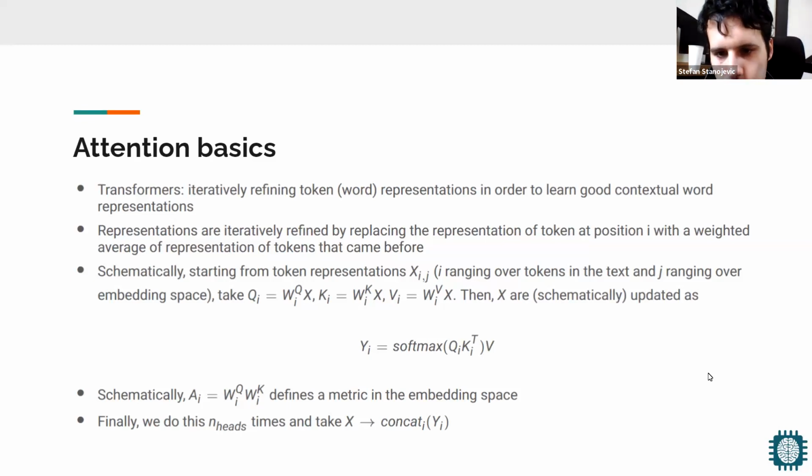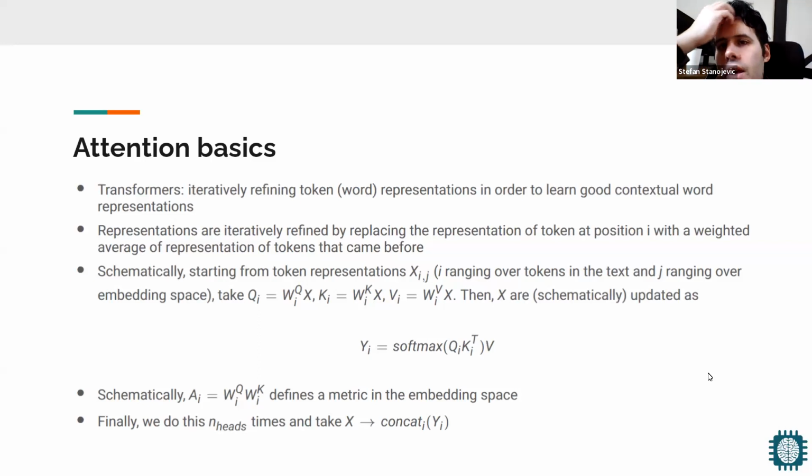So the inner product of Q_i and K_j can give us the coefficients that we need for each j that we will use to replace token i. So it's some notion of how similar tokens i and j should be in the representation space.